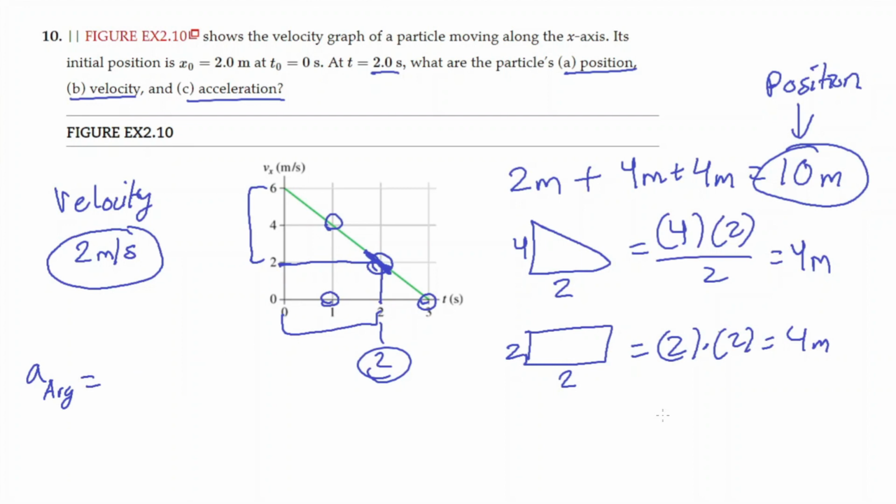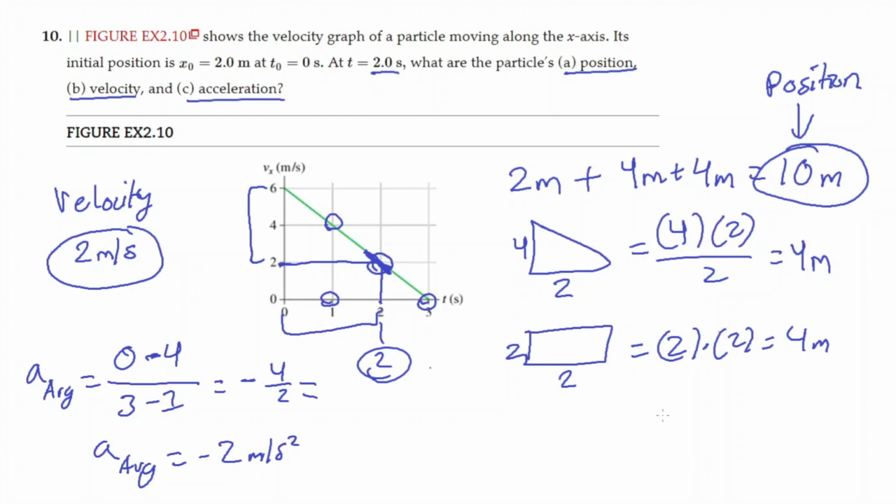So delta V is going to be 0 minus 4. And then delta t is going to be 3 minus 1. So 0 minus 4 is negative 4, and then 3 minus 1 is 2. So our average acceleration is going to be negative 2 meters per second squared.